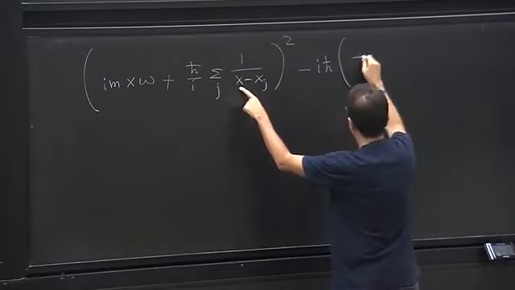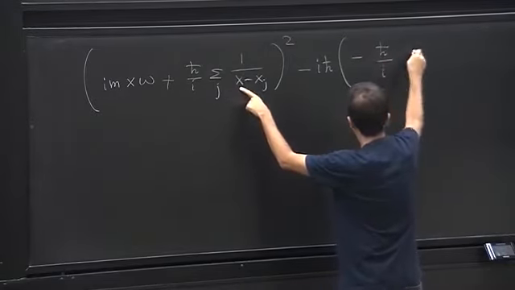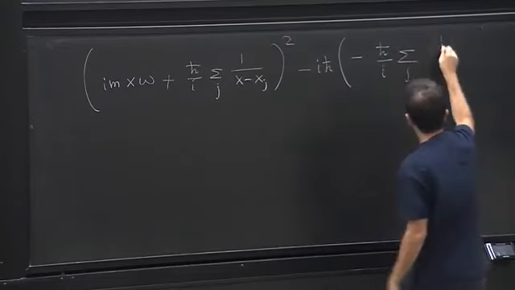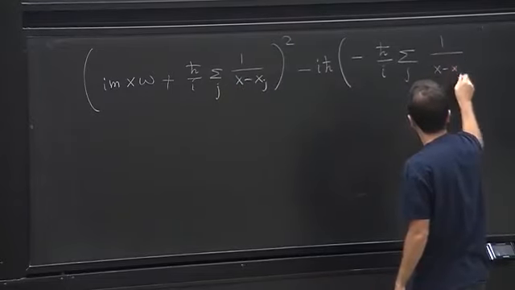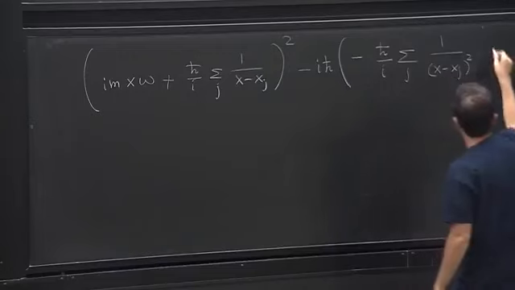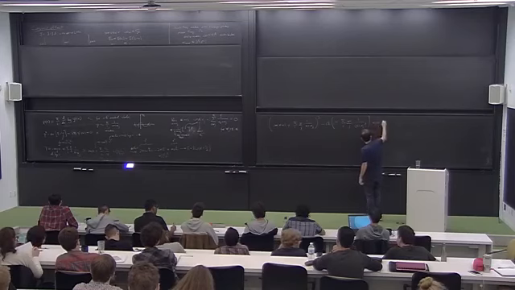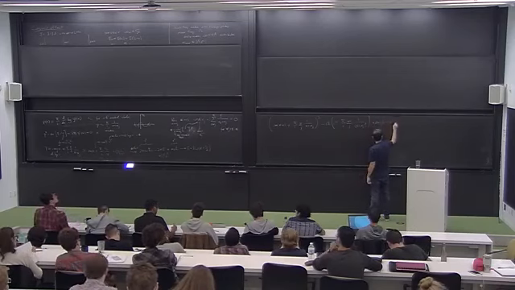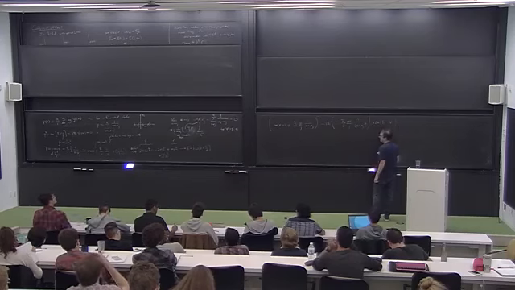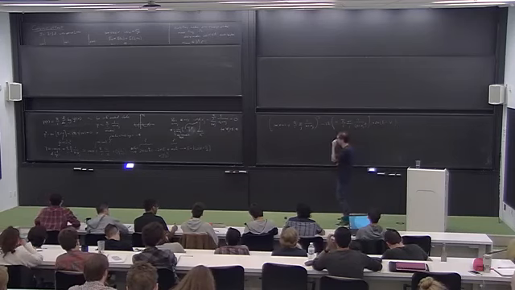P prime is minus h bar over I, sum over j, 1 over x minus xj square. Do you agree? Plus 2m e minus v. I want to show that this is 0, so let's try to see it.